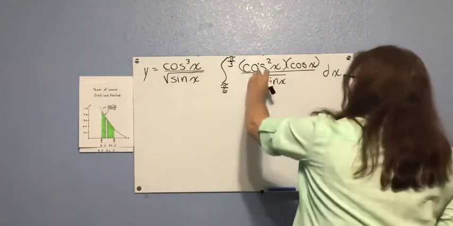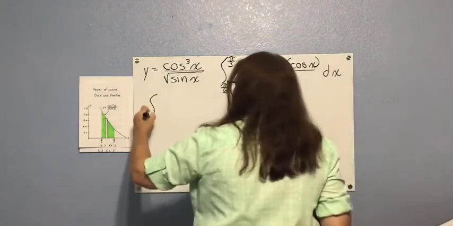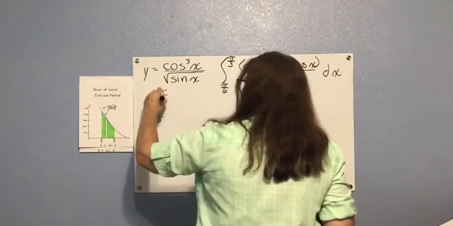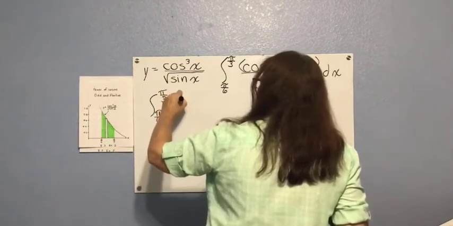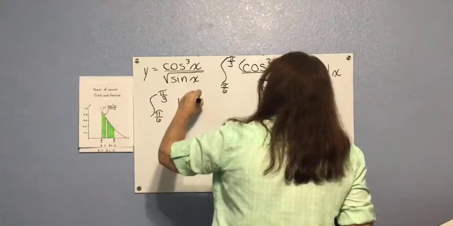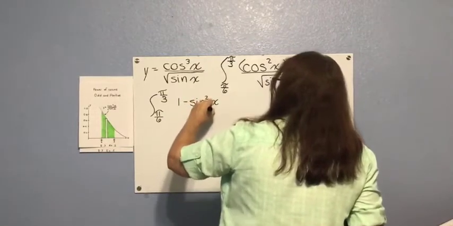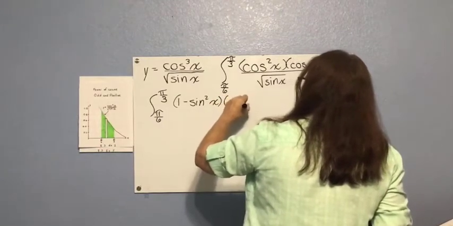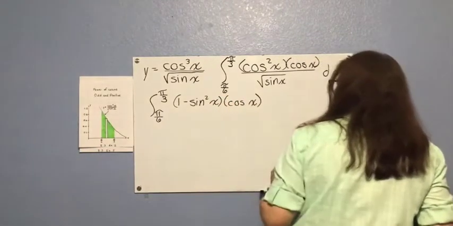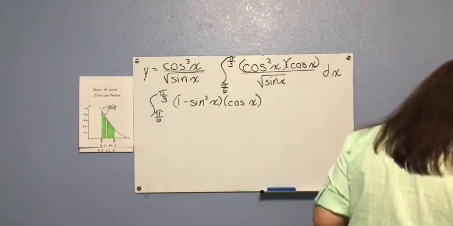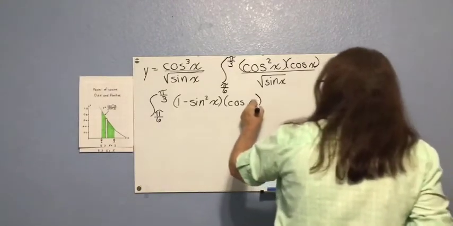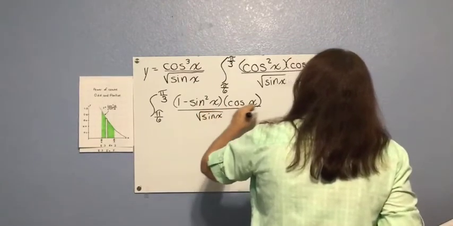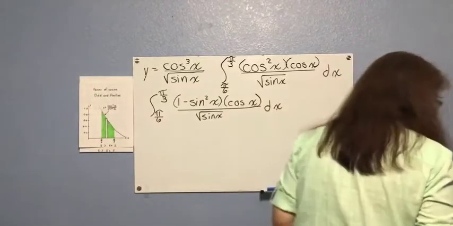Now we're going to change that cosine squared, using the Pythagorean identity again. That's going to be 1 minus sine squared x times cosine x divided by the square root of sine x dx.